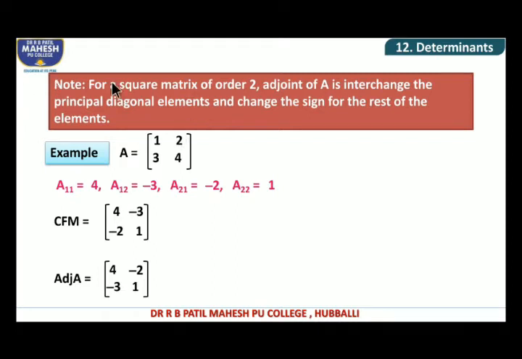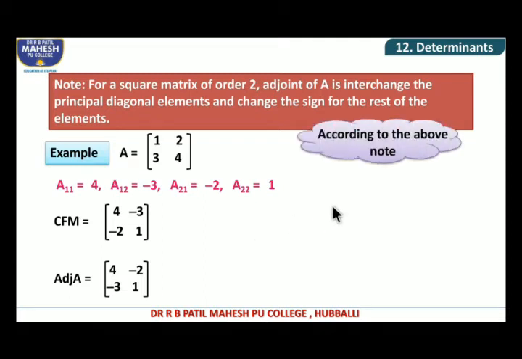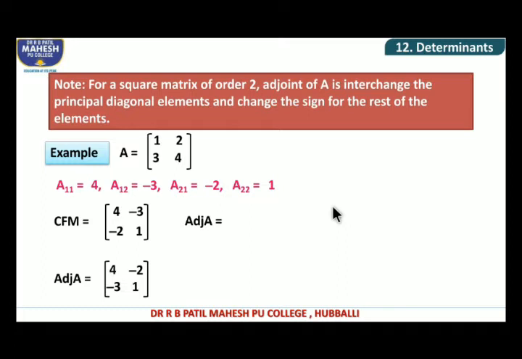Similarly, we can follow this note to find out the adjoint of A directly without finding the cofactors. Adjoint of A will be equal to, here the first condition is to interchange the principal diagonal elements. This is the principal diagonal from the left corner to the right corner.